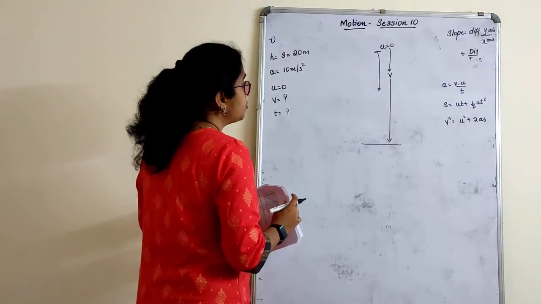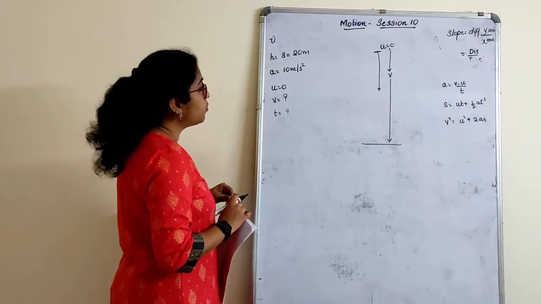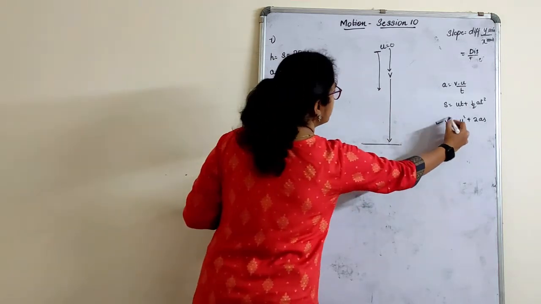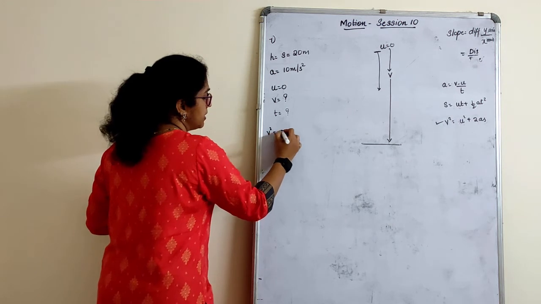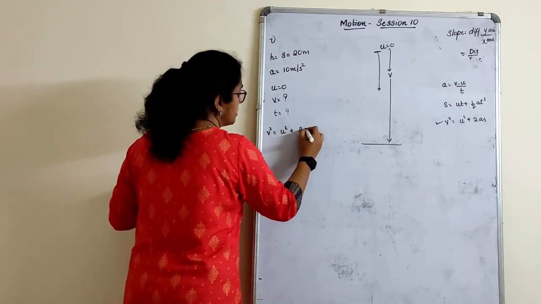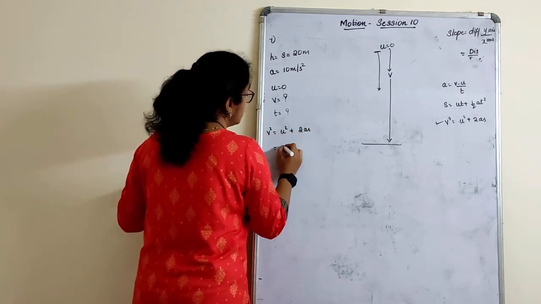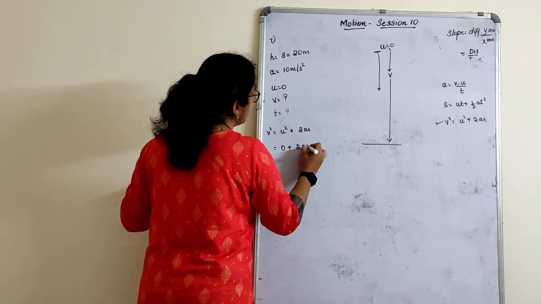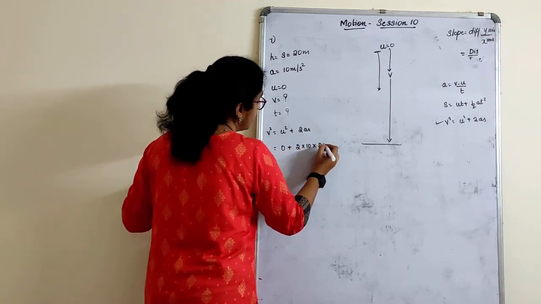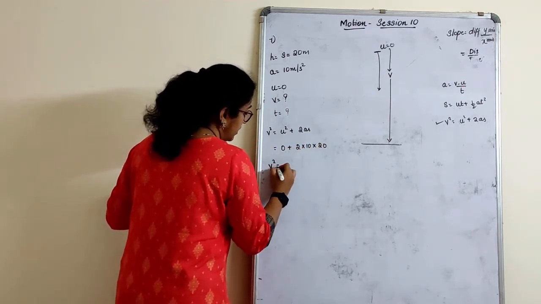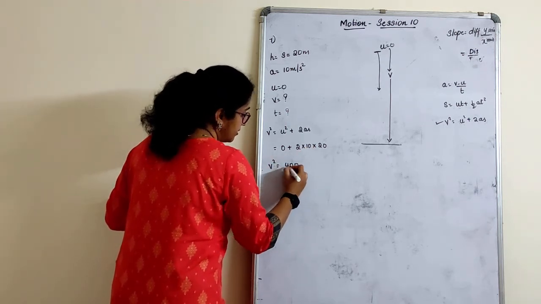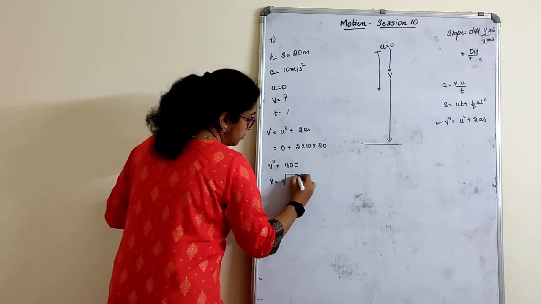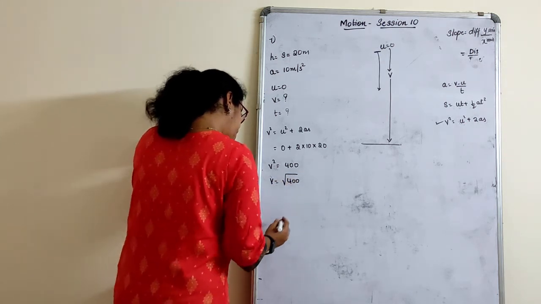I think we know U, we know A, we know S. I think I can use this formula to find V here. V square is equal to U square plus 2AS. 0 plus 2 into 10 into 20. V square is equal to 400. So V is equal to root of 400.